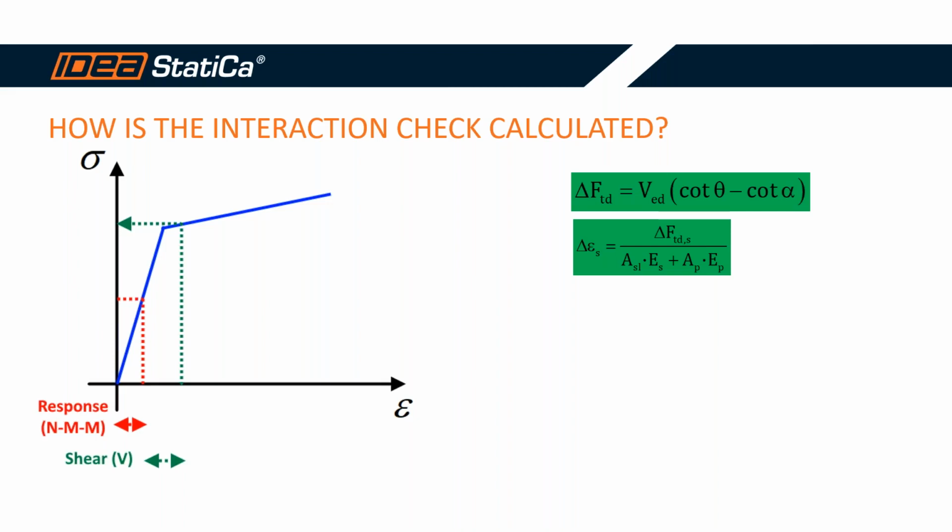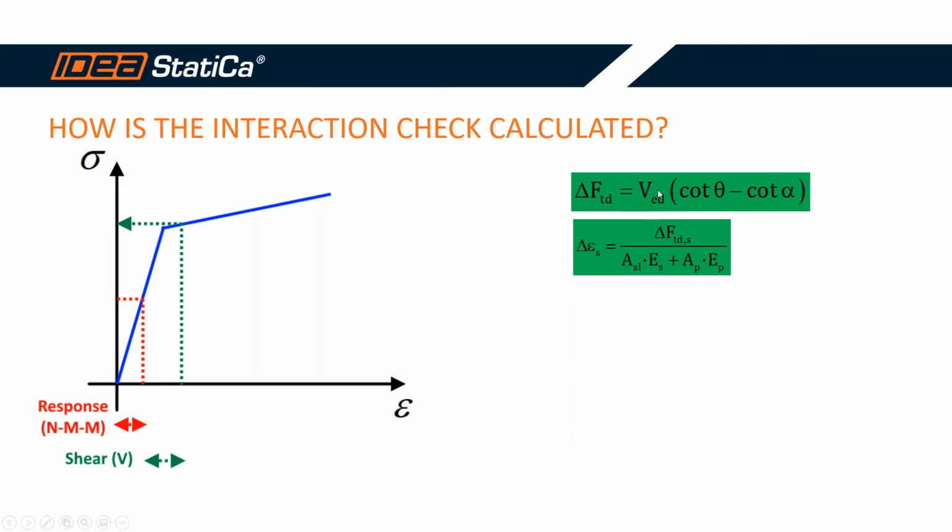So first I need to calculate the contribution due to shear in longitudinal reinforcement. This formula, delta FTD, is based on strut and tie methodology.